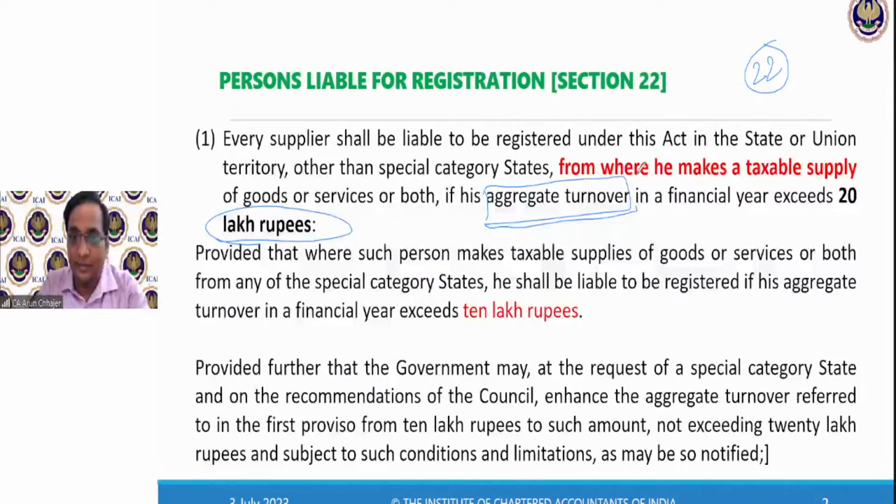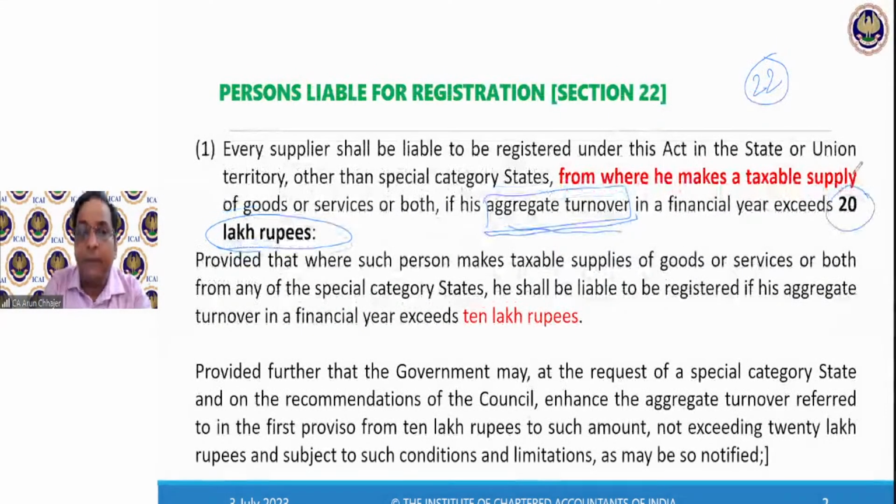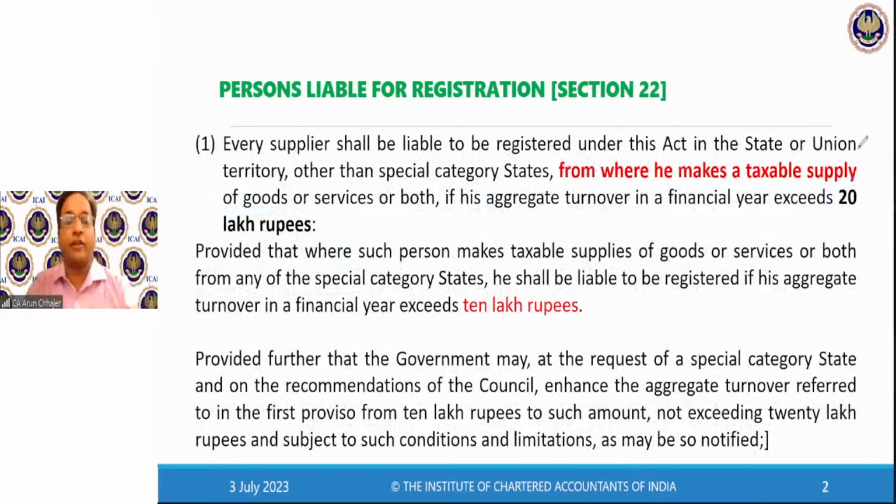And if your aggregate turnover exceeds the prescribed limit, what is the prescribed limit? 20 lakh rupees, then you need to take registration. In every state? No, sir. In the state from where you are making the taxable supply. 3 things are important in section 22 subsection 1.